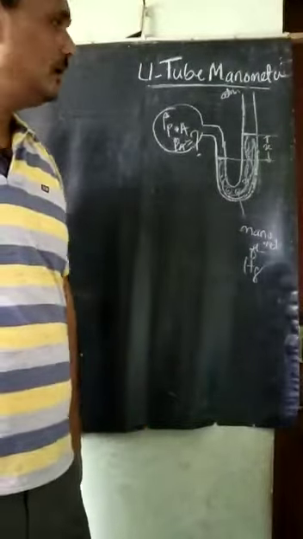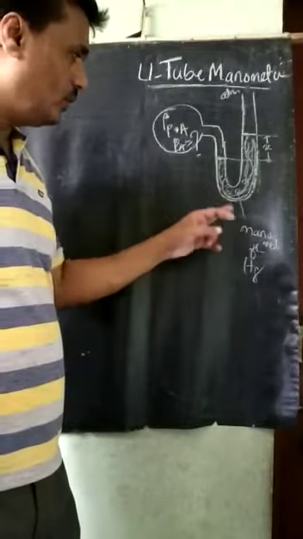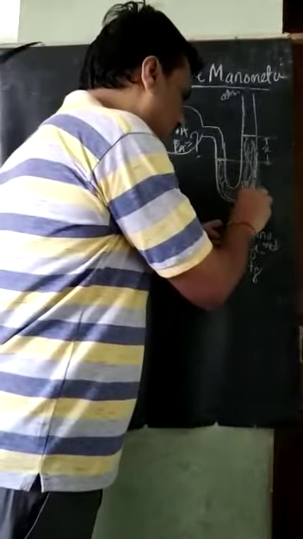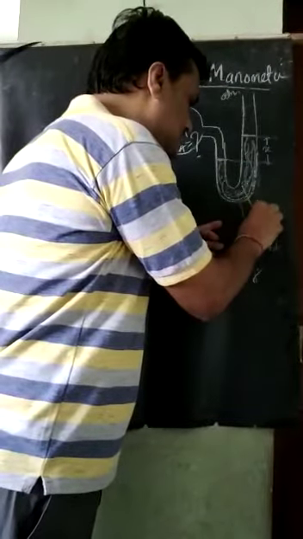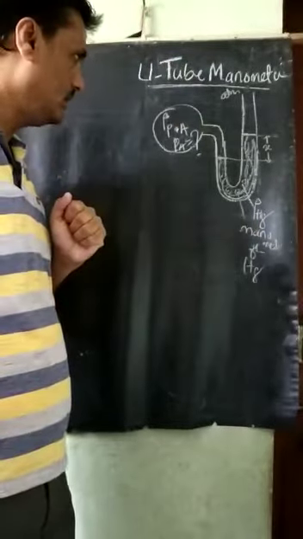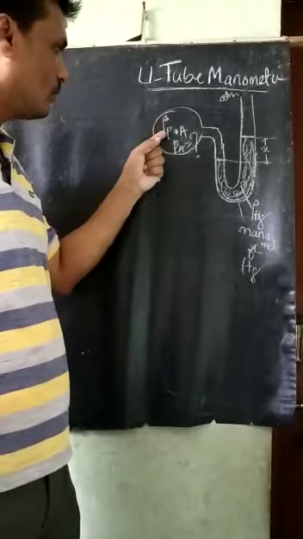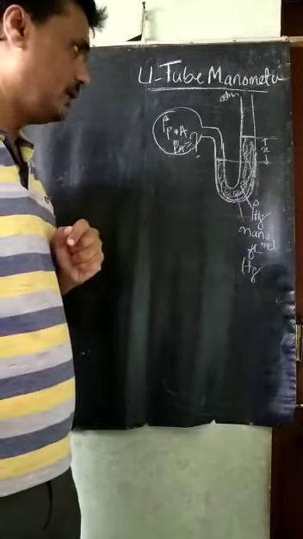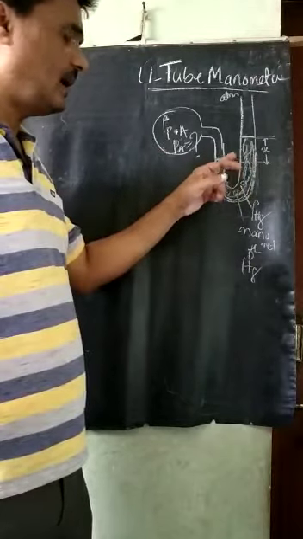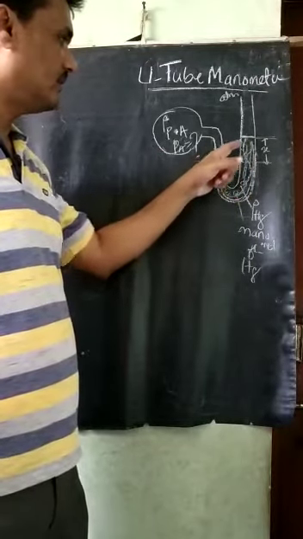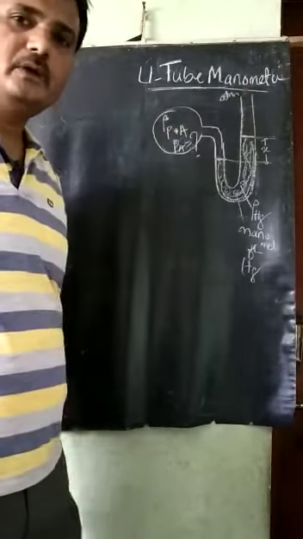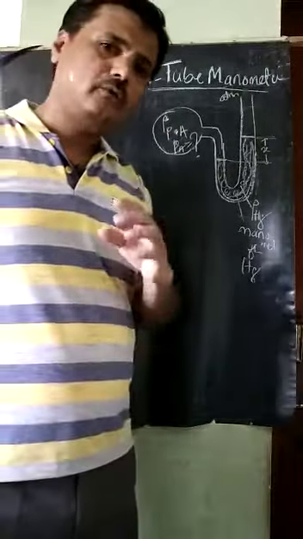We know the density of the mercury, the manometric fluid, which I take as rho Hg. The density of the pipe fluid is rho P, as I have already told. The difference between the two levels is X, and one side is open.